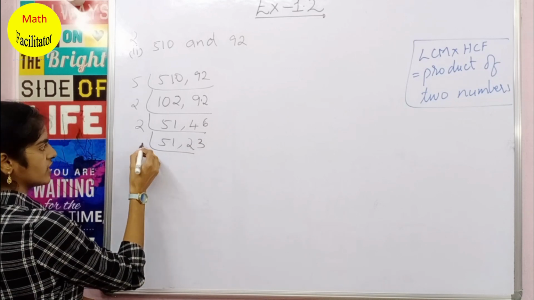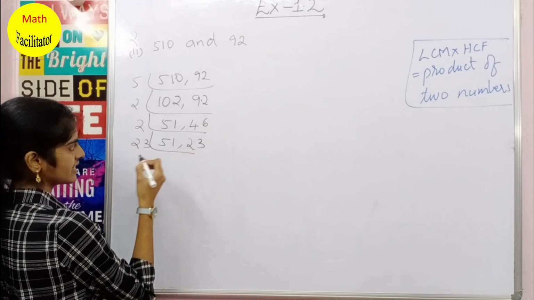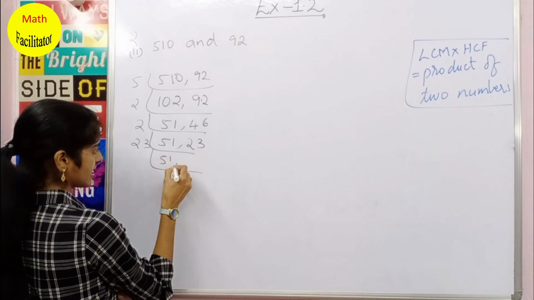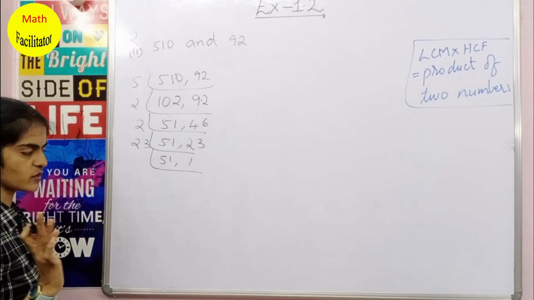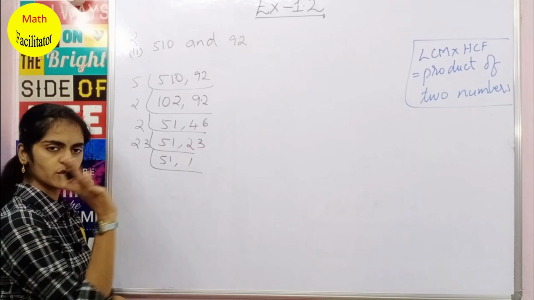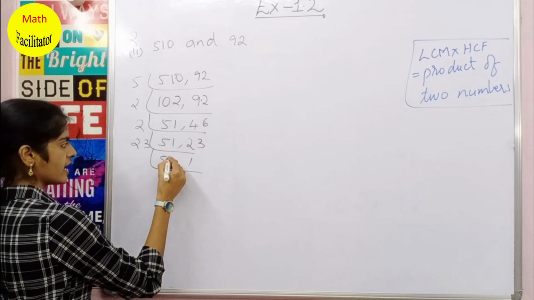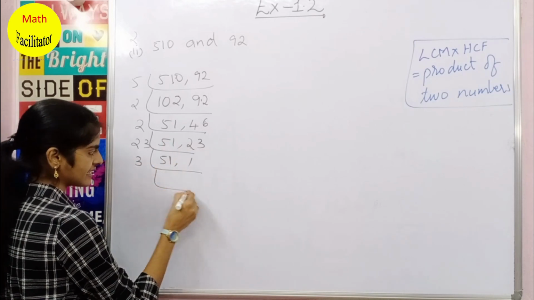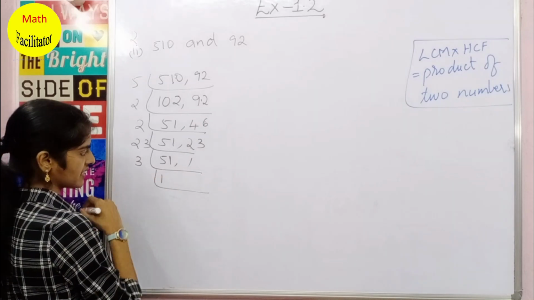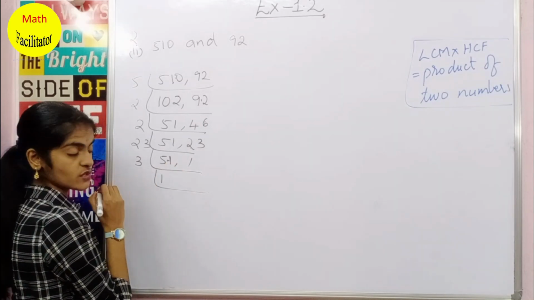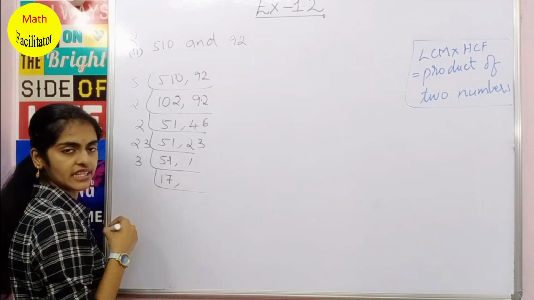Clear? Now let me take 23. You know that 23 is prime, so let me take it directly. 51 is not divisible by 23, so you will write it down, and 23 ones are 23. Now this 51 is divisible by 3. 3 ones are 3, 2 is a remainder, now this is 21, so 3 7s are 21.